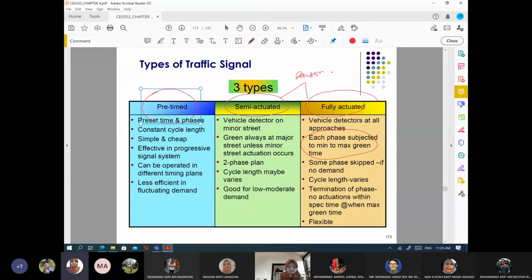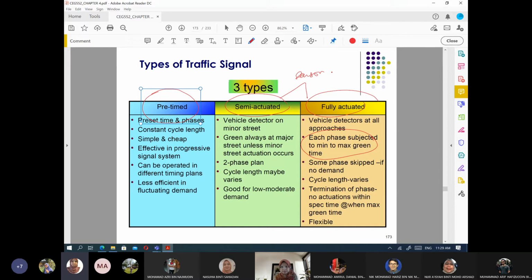Okay, some phase may skip if there is no demand. Katalah jalan yang minor tu tak ada kereta, baguslah dia akan skip that direction, that lane. Cycle length may vary. Termination of phase when there is no actuation between the specific time or when maximum green time. So the maximum dia pergi bila dia tak reach the maximum green time.